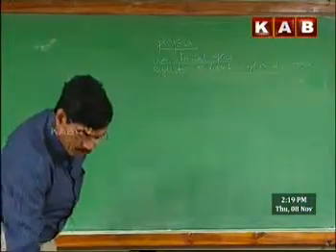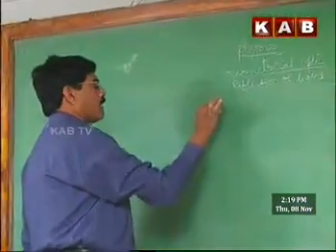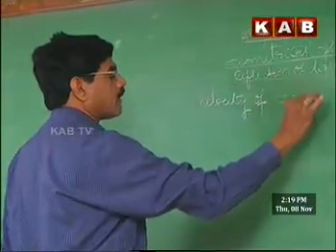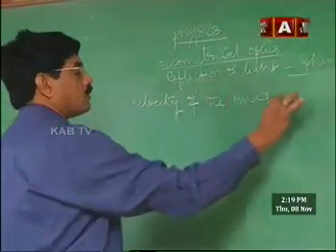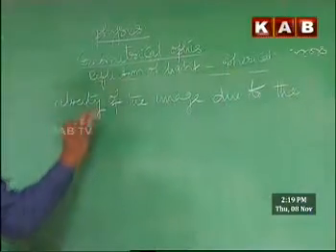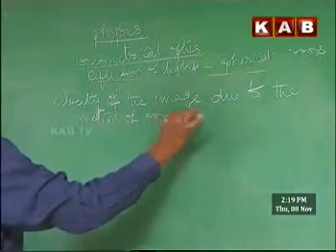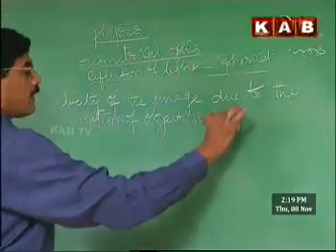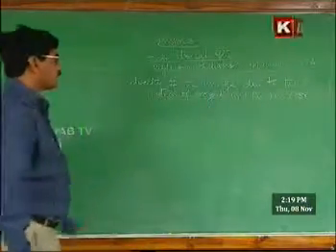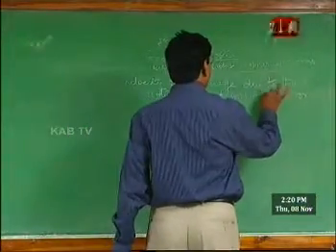So let us consider the velocity of the image due to the motion of the object and the mirror. In the case of a plane mirror we have already discussed this. Now we are considering the case of a spherical mirror.